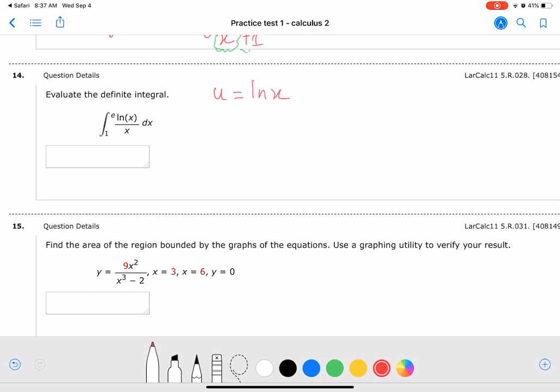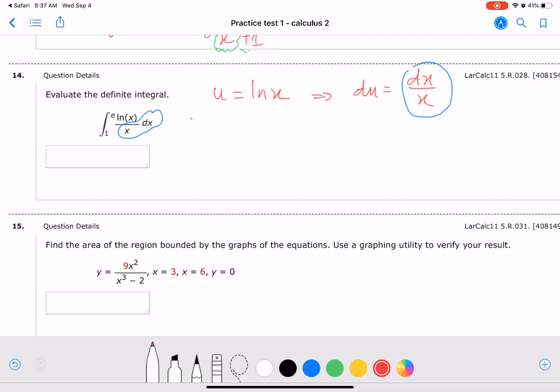Otherwise we cannot solve such integrals. So I put u equal to ln of x. I differentiate this, I get du is dx over x. You see? We have dx over x in here, and we have dx over x in here. That combination is gone, right? In terms of u. So I will find the antiderivative of this function without 1 and e, without integration limits.